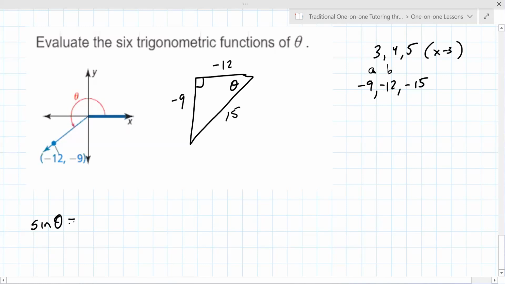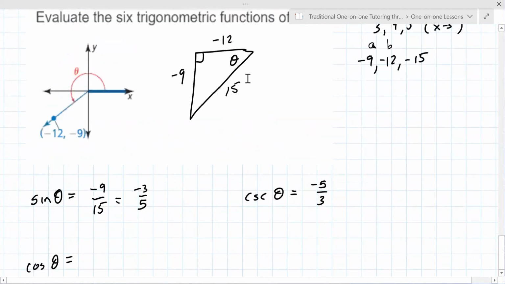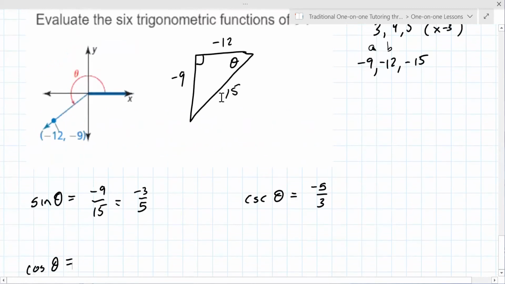So sine theta is opposite over hypotenuse, -9 over 15, but that reduces to -3 over 5. And then cosecant theta is -5 over 3. It's the flip of this, but with the negative on the top. Cosine of theta, if you go back to your picture, it's the adjacent over the hypotenuse, -12 over 15.